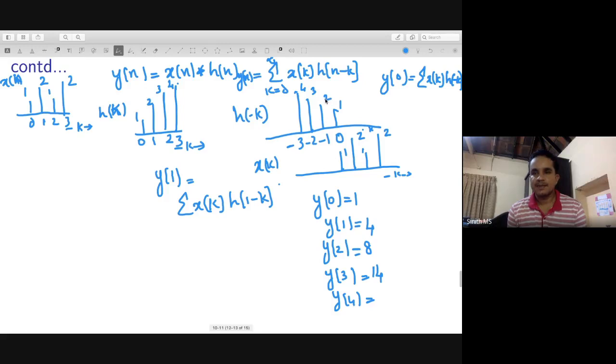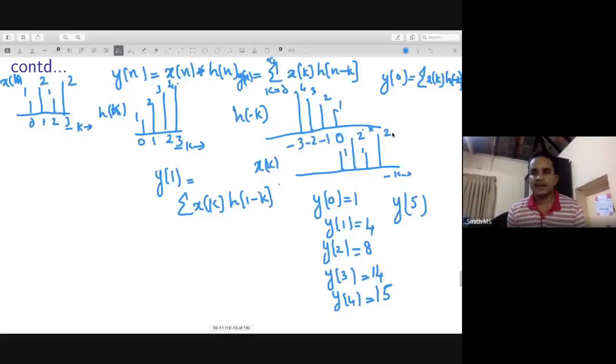This term multiplied with this 4, plus 3, plus 4 into 2, 8, 15. Similarly, y of 5, again you shift it. So now you have these two terms multiplied. 3 into 2, 6 plus 4, 10.